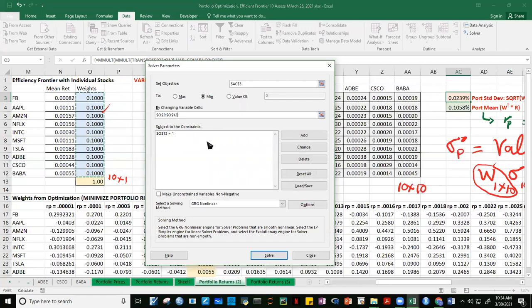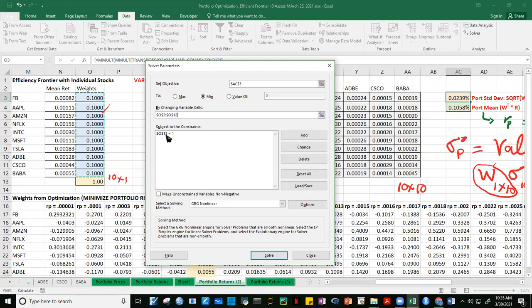So what we're telling Excel is, give me a portfolio by giving me the weights so that the risk is minimized. Okay? And then we have a constraint: O13, this one. It should be equal to 1.